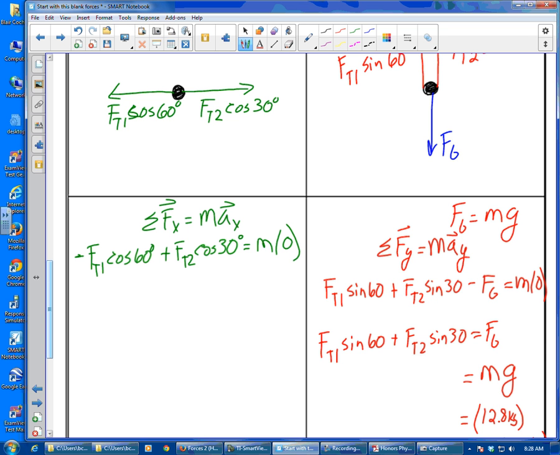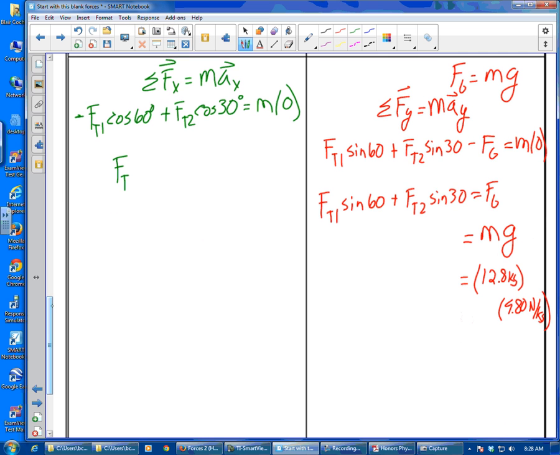Now, go one more step, so I end up with Ft2 cosine 30 equals Ft1 cosine 60. And I'm stuck at the same point. I have Ft1 and Ft2, I have them over here also, but I can't go any further.